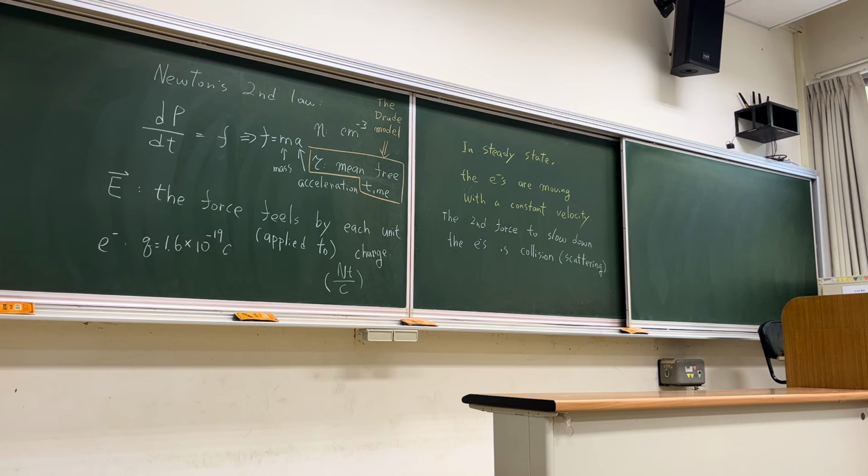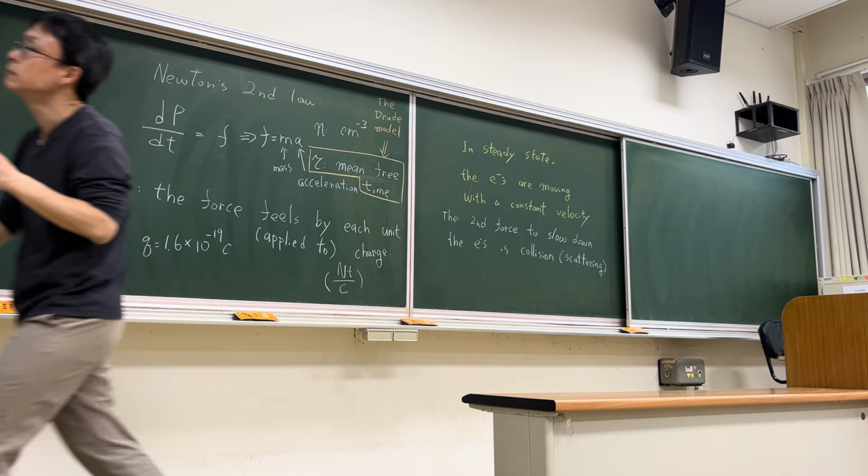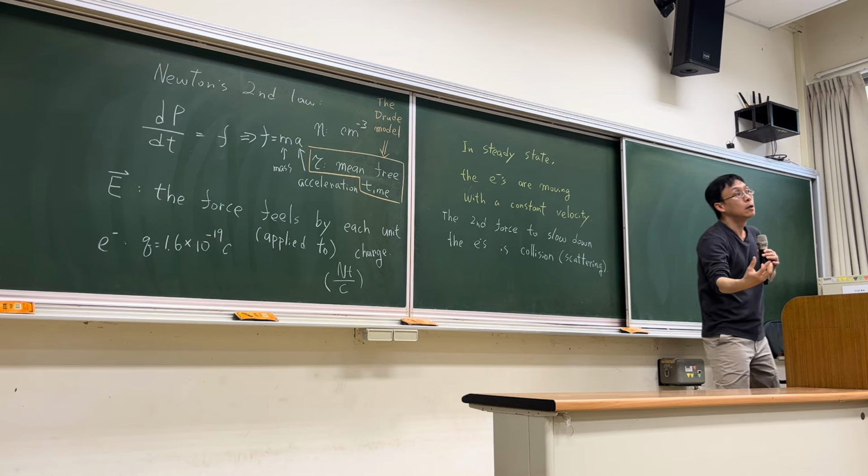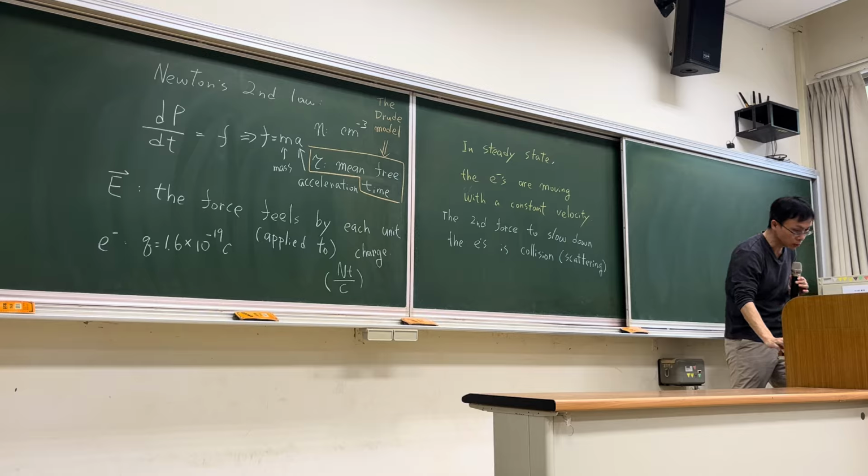You must understand the three parameters: electrical field, charge, and the electron concentration. This negative is from the Q, describing the negative charge, telling you the force is in the opposite direction of the electrical field. So this force has to be equivalent to the collision, right?